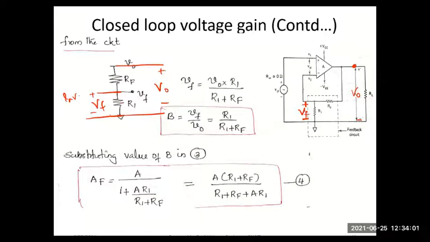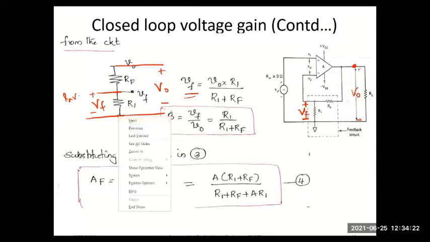So we can easily use the voltage divider rule to find Vf. Vf is equal to V0 into R1 by RF plus R1. So you use the voltage divider rule, find an expression for the voltage Vf across R1, and I am interested in finding the value of the feedback factor beta.